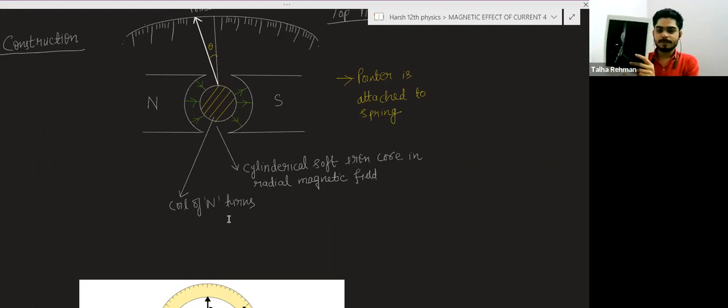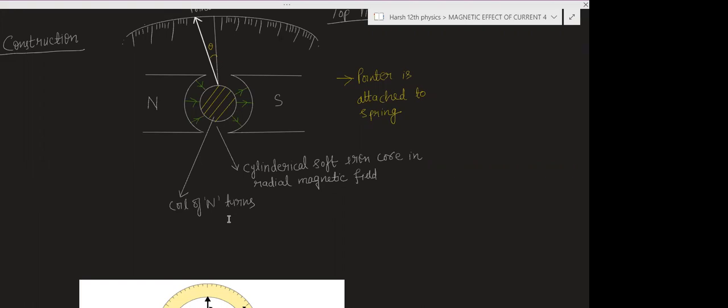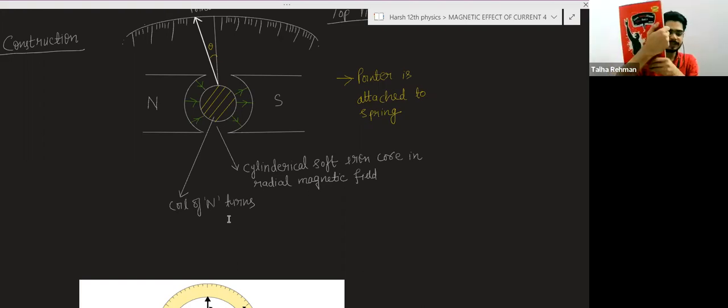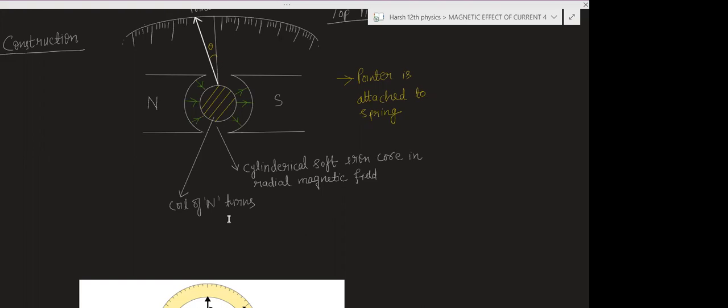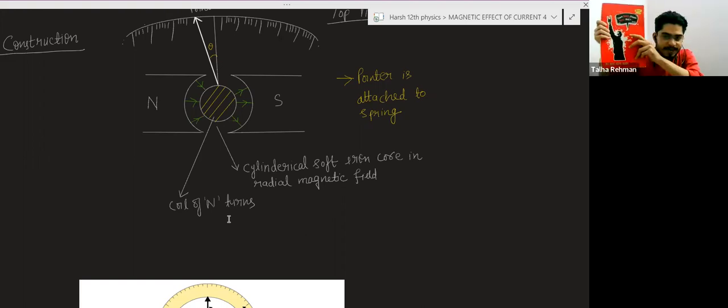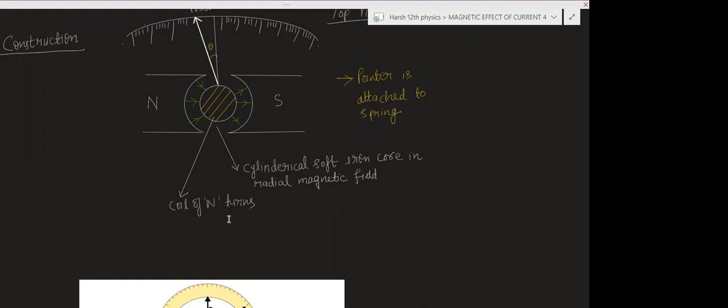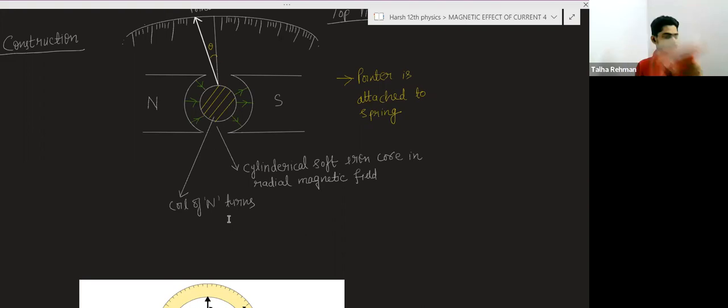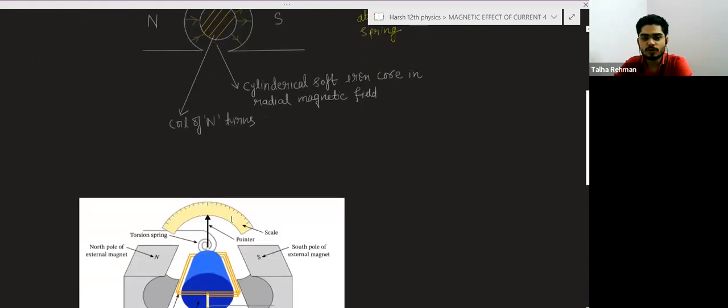Suppose this is the coil in the galvanometer. When the torque acts on this coil, it will try to rotate like this, and a spring is attached. The coil will try to rotate, but the spring will oppose the rotational motion of this coil.